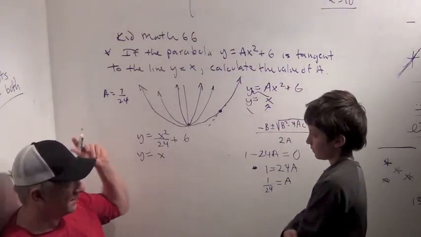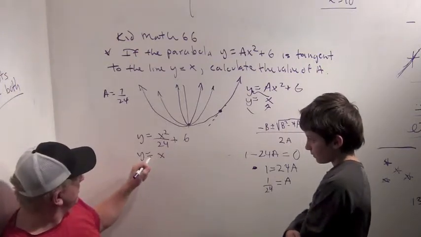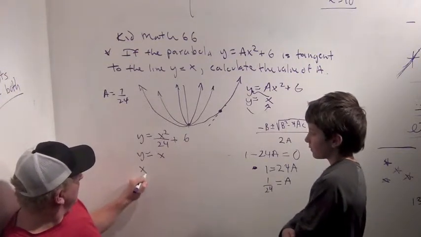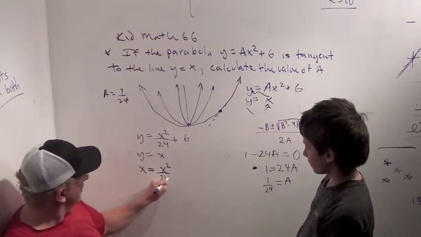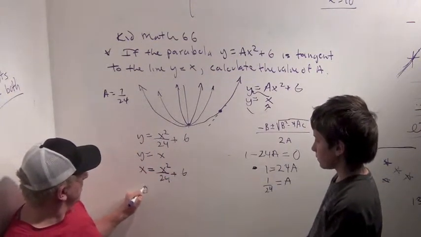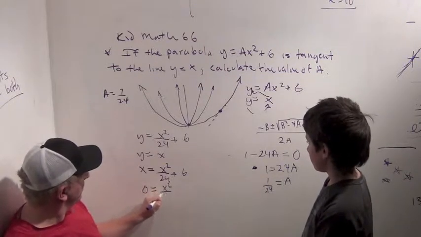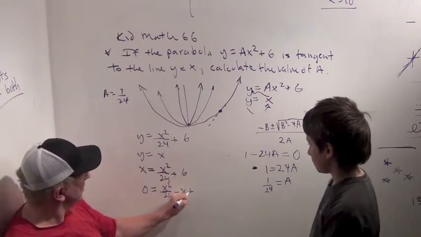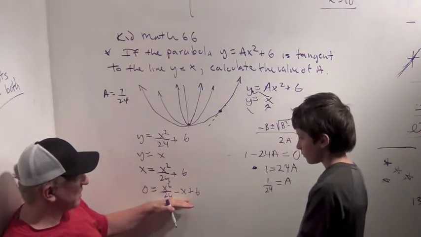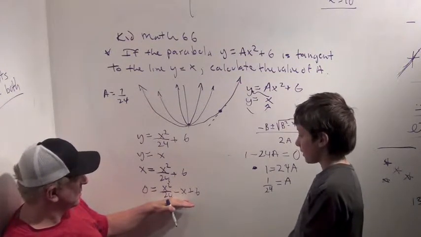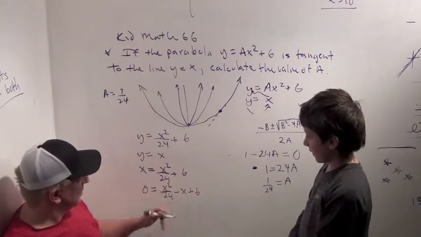Substituting y equals x, we get 0 equals x squared over 24 minus x plus 6. This should be a perfect square. Now to simplify this, what should we do? We can multiply everything by 24.